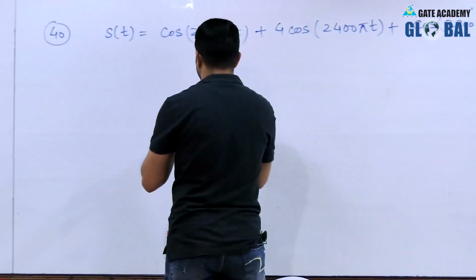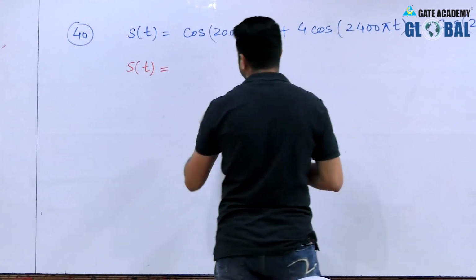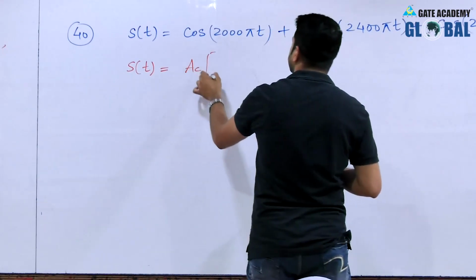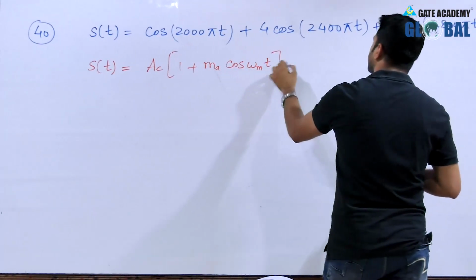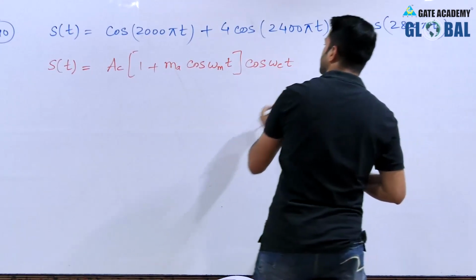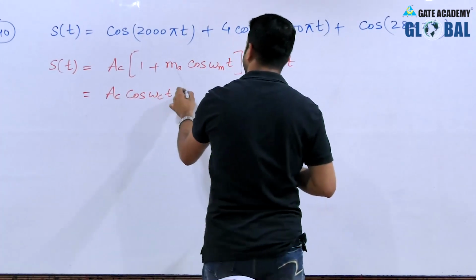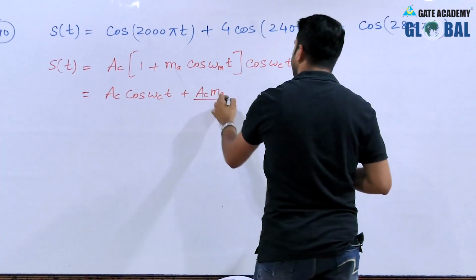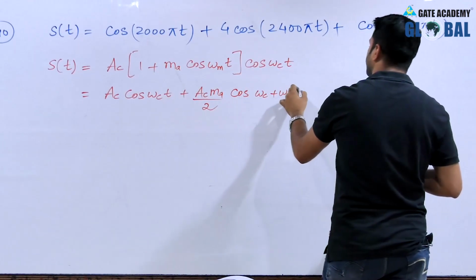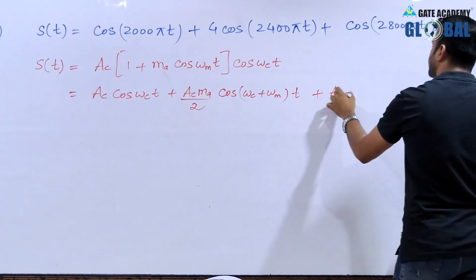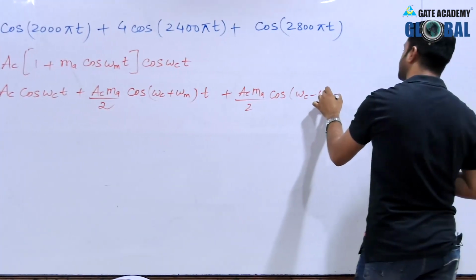And whenever single tone sinusoidal modulation comes, the expression is AC 1 plus MA cos omega MT into cos omega CT. So, AC cos omega CT, and if we expand it, we get AC MA by 2 cos omega C plus omega MT and AC MA by 2 cos omega C minus omega MT.